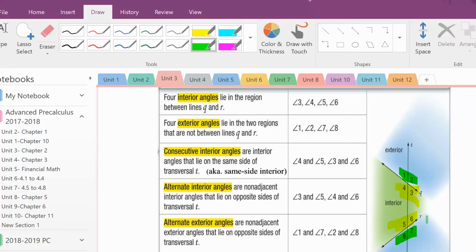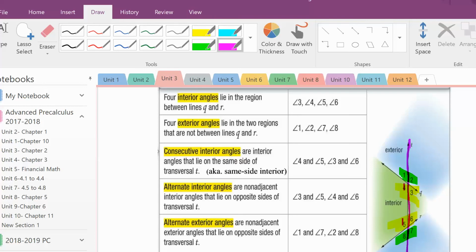So now, based upon where the transversal is, and remember this is the transversal, line T, if it's on the same side of the transversal, then the angles are called consecutive. So the angles that are on the same side and in the interior are called consecutive interior angles, like angle 4 and 5 or 3 and 6.